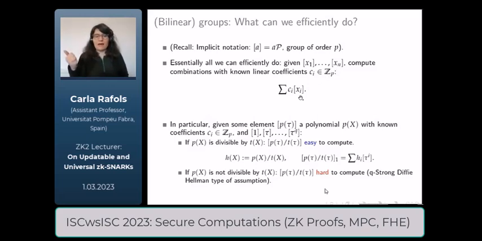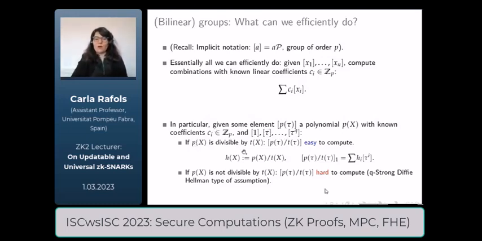That's perfect, I can do that. But I cannot do more complicated things. So in particular, if you give me some element, which is a polynomial evaluated at some point tau, so there is a secret point that you don't know. You only know these powers of this secret element in the curve. Okay.